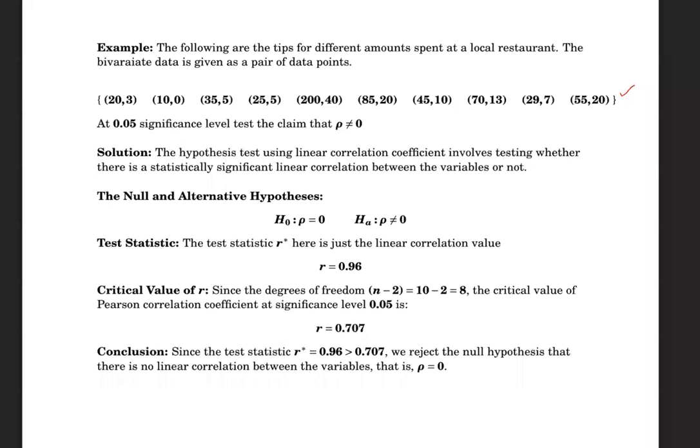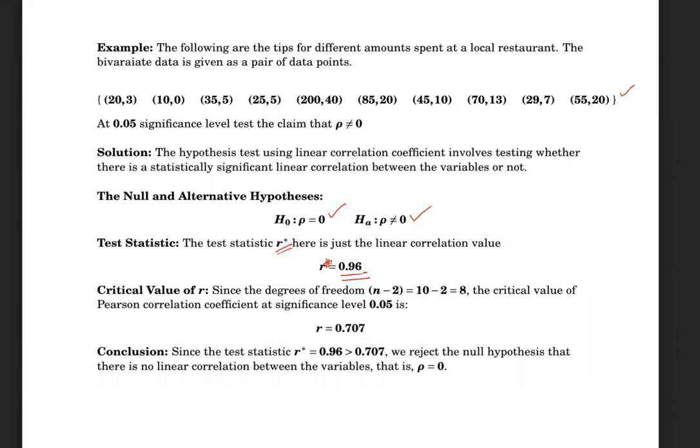Your null hypothesis is rho is equal to 0, which means there is no linear correlation. On the other hand, your alternative hypothesis is rho is not equal to 0, which means there is probably some kind of linear correlation. And your test statistic, I put R star here, but I forgot to put R star here, is 0.96. This is the only value that you would calculate. The test statistic is R star.